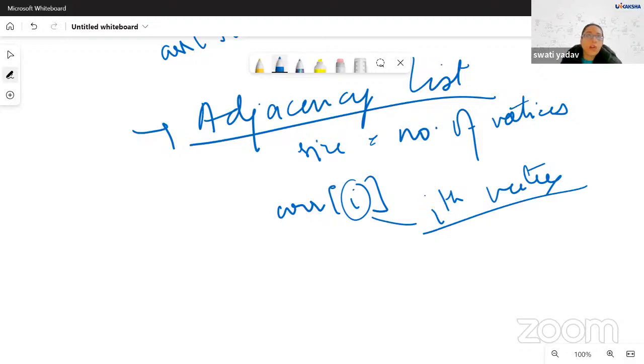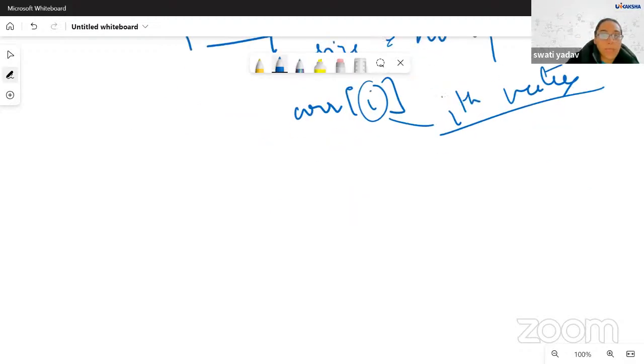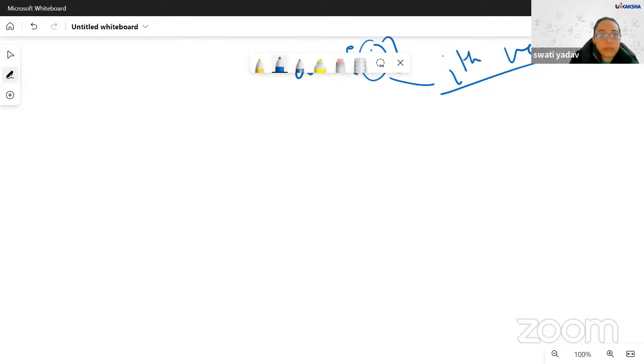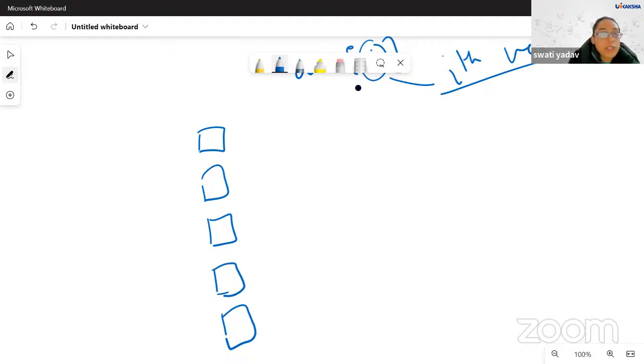Okay. Now, to look at a simple representation of it, let's see. The representation somewhat looks like this: 0, 1, 2, 3, 4. If there is a vertex, it's going to hold that vertex.